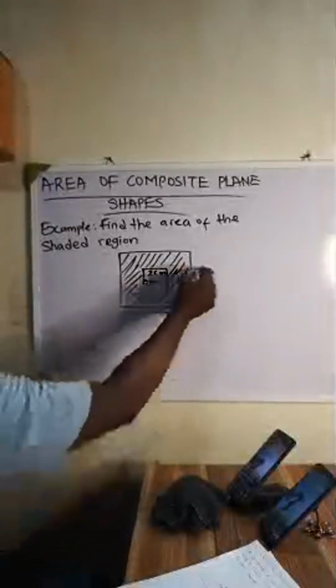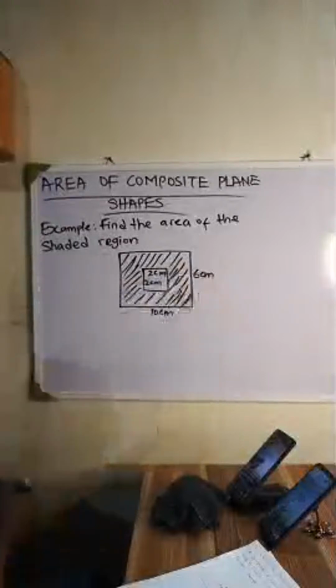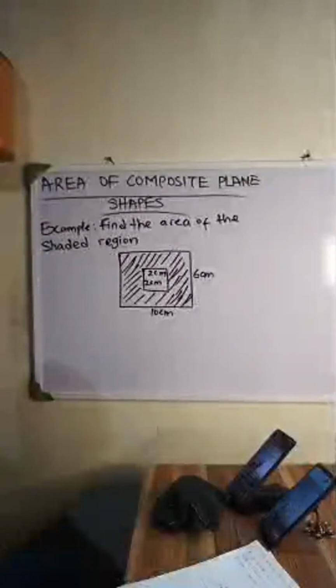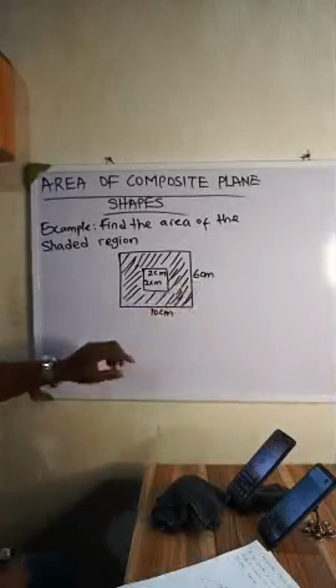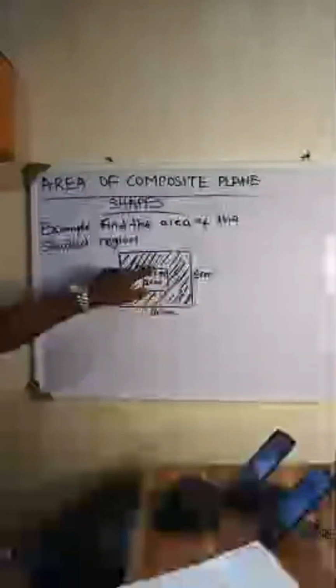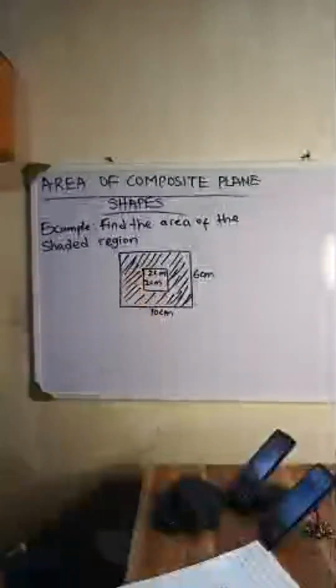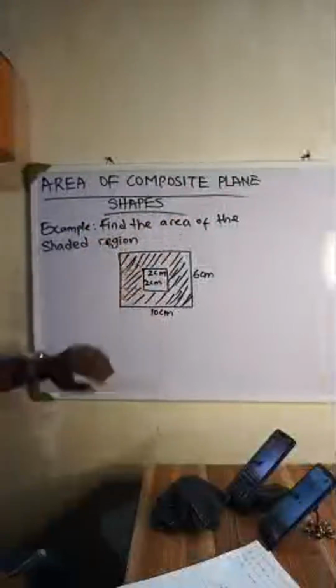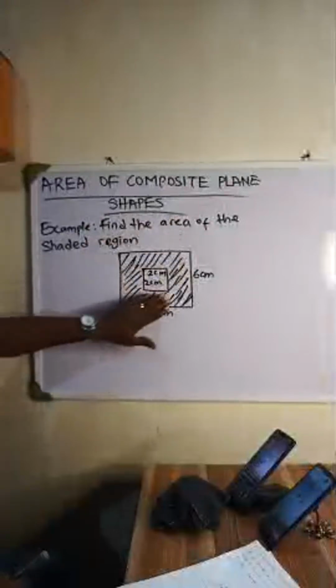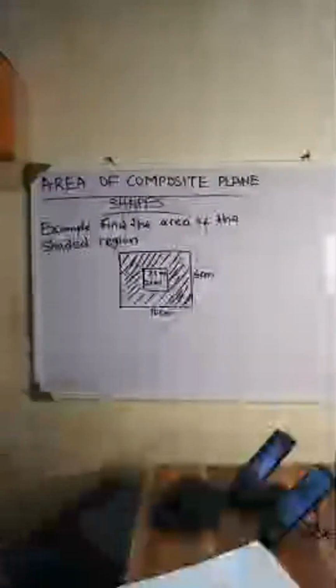Here is 6 centimeter. So this smaller shape here is a square. This side is 2 centimeter. This side is 2 centimeter. So we are expected to calculate the area of this shaded portion.